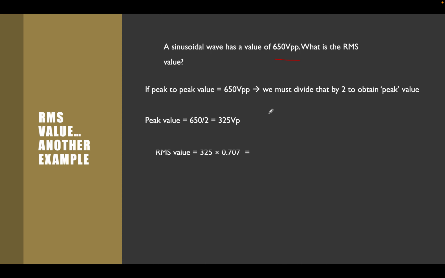So the RMS value is based on 325, because we've just worked out that the peak value is 325, since we had the peak to peak value of 650 volts. We divided it by 2 to get our peak value. And then we know that RMS equals peak times 0.707, which is what you're seeing over here now. And that's equal to 230 volts.